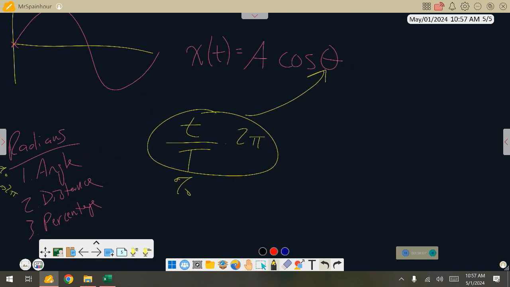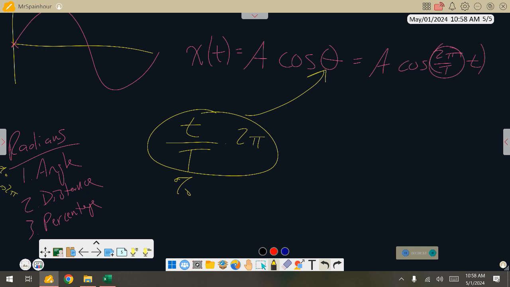So let's do that. So instead, I'm going to say this is A times the cosine of, you know what? Let's put the constants together. Okay? What are the constants in this? 2 pi and T. So let's put those together. And then the variable will be t, to which I go, holy crap, you already have a thing for this.